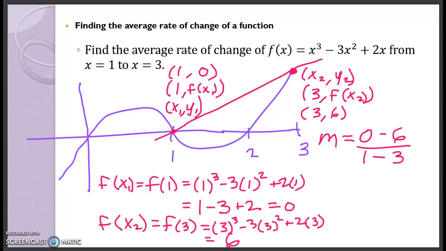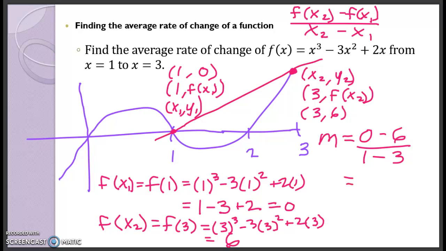And you might be saying, hey, the formula was f of x2 minus f of x1 over x2 minus x1. Guess what? It doesn't matter which order you do it in, as long as you keep x2 and f of x2 together and x1 and f of x1 together, it's going to be the same thing.